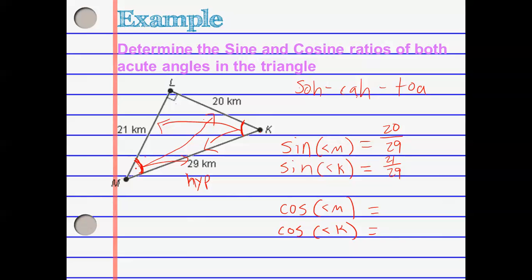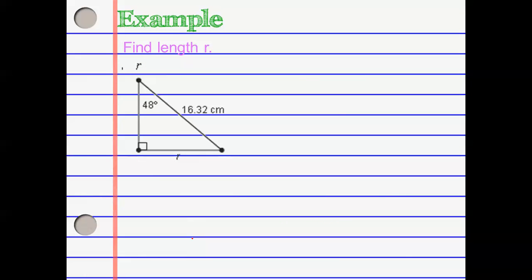For angle M, the adjacent side, the other one that's next to it, is 21. So that's 21 over the hypotenuse, which is 29. And then the cosine of angle K: 29 is the hypotenuse, so adjacent is going to be 20, over 29. So these are the sine and cosine ratios of both of the acute angles.